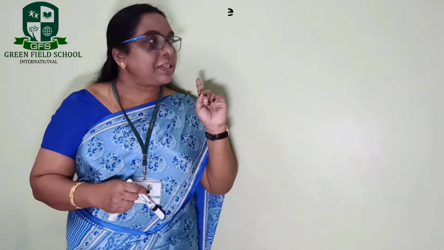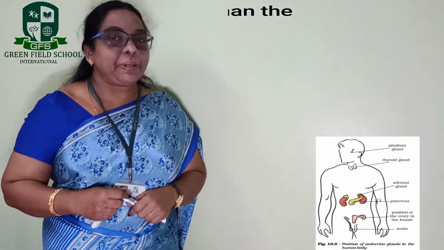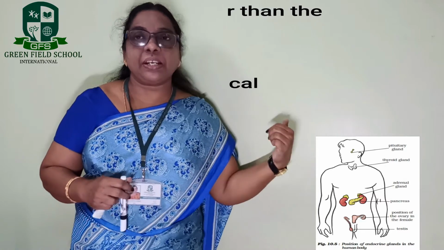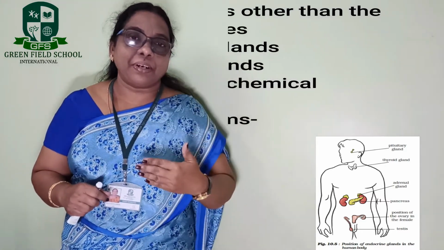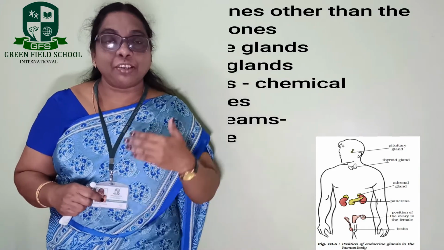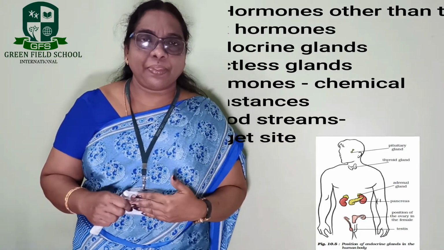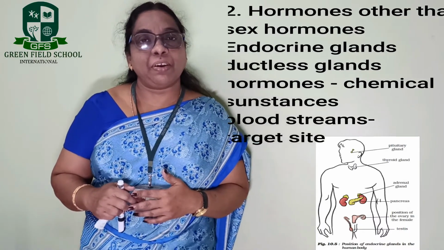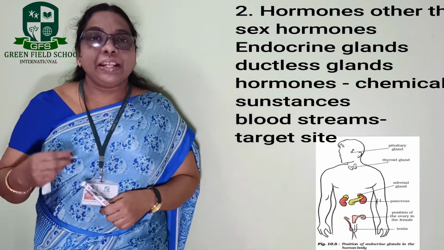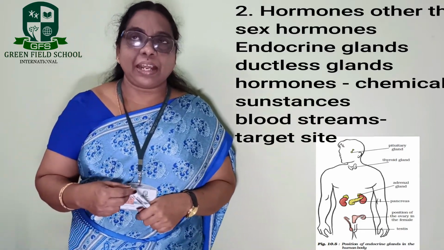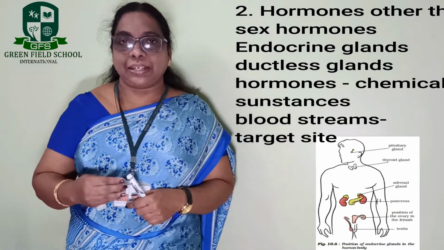Okay, children, please look at this picture. In this picture it is clearly shown the different types of glands and their locations. What are these glands called? These glands we call endocrine glands. Another name for endocrine glands is ductless glands.